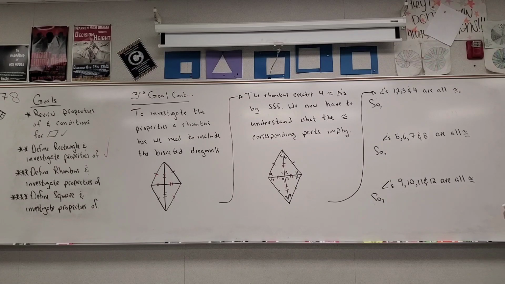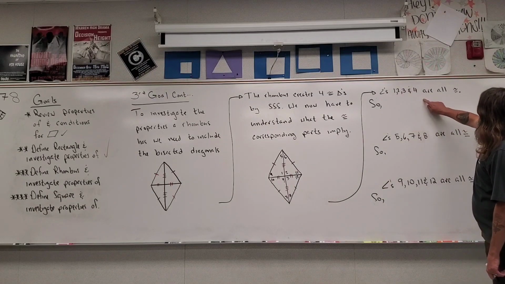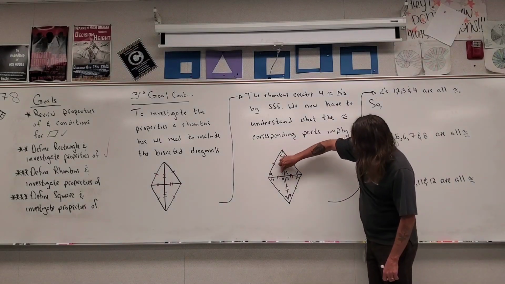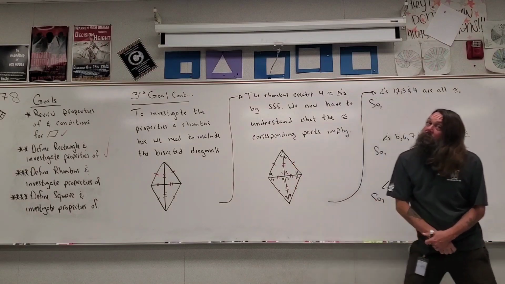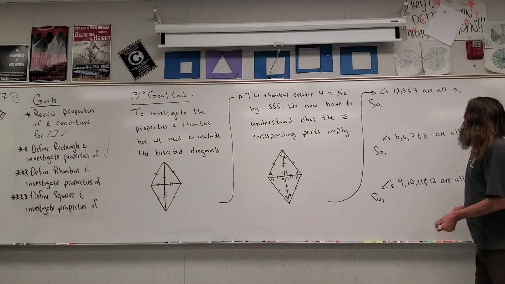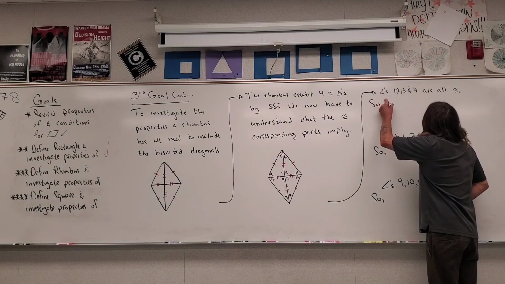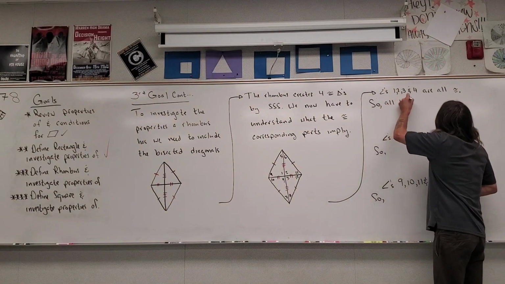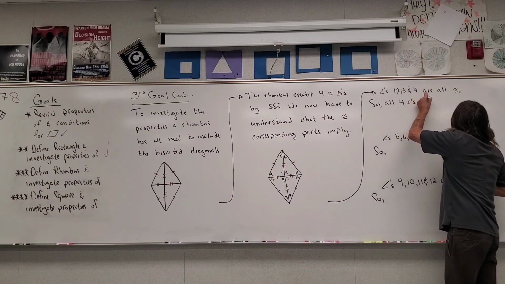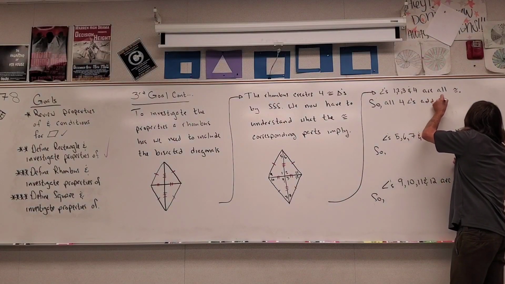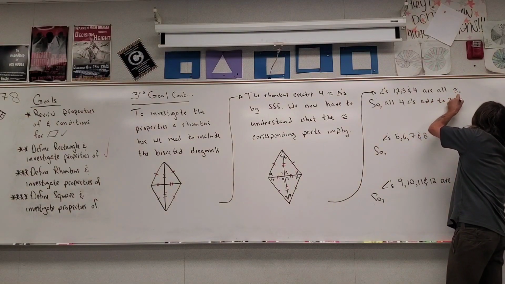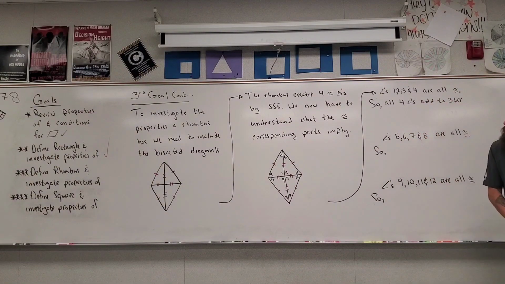Angles 1, 2, 3, and 4 are all congruent. Well, they add up to 360, which means each angle measures 90 degrees.